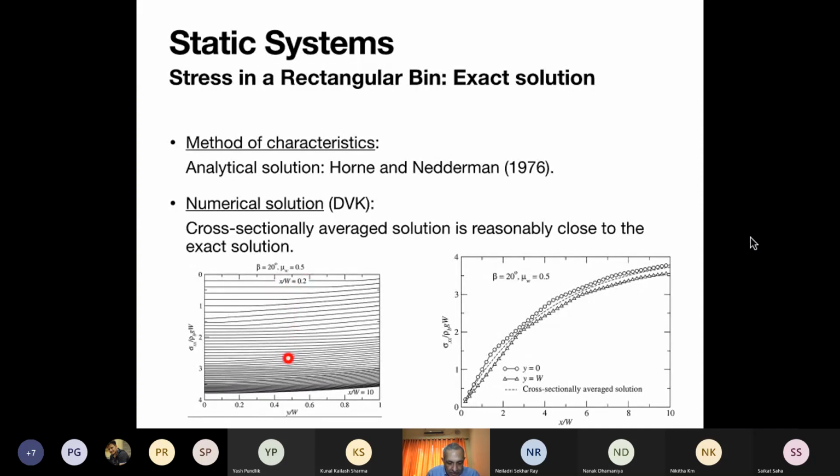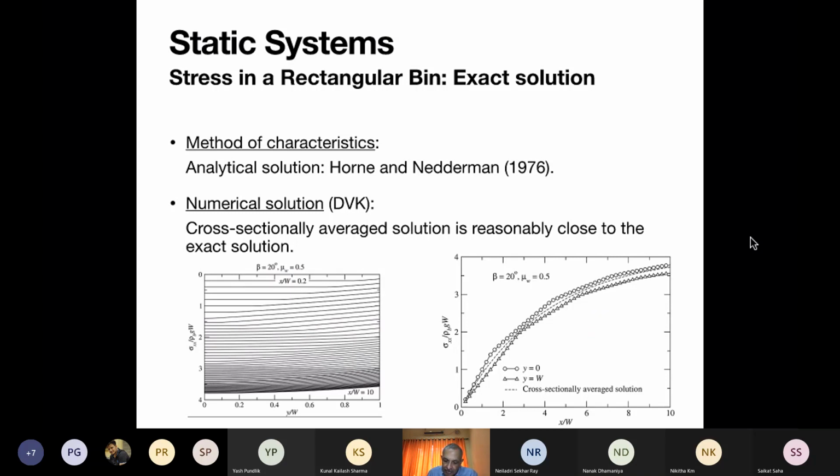Then as you go deeper and deeper, the stress becomes higher and higher, but then this is x by w equal to 2, and when you reach x by w equal to 10, you can see all the lines are falling on each other because the thing has saturated. But the key thing I wanted to show you is that essentially there's not much variation at a particular value of x. The variation of sigma xx with y is not much. Hence that approximation that we made is quite okay.